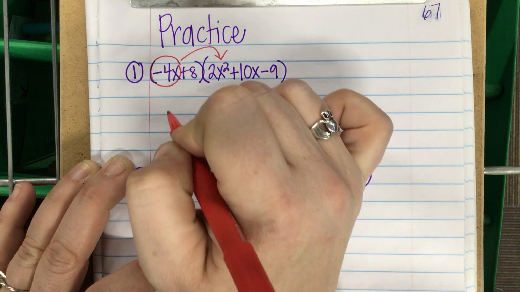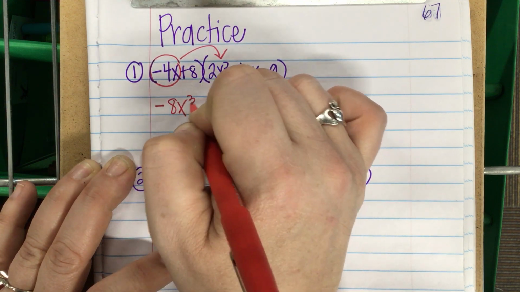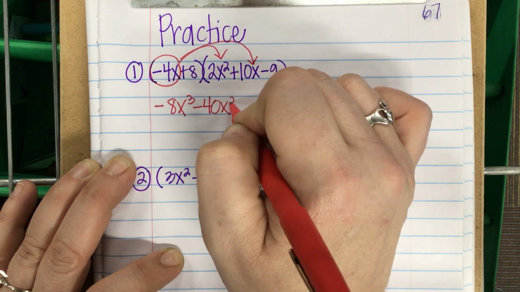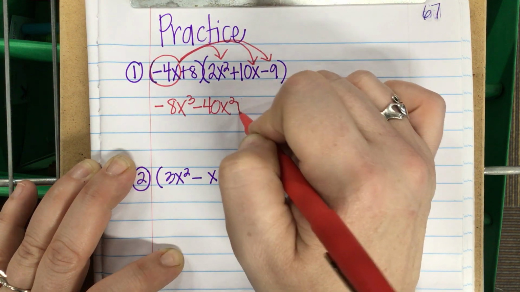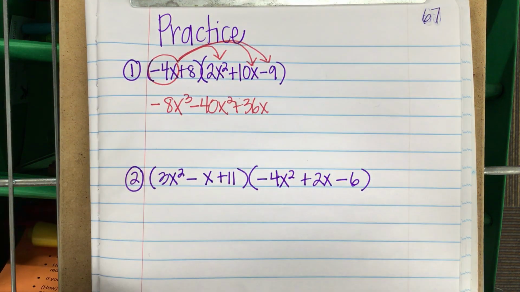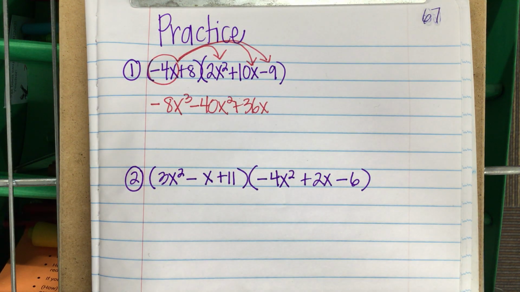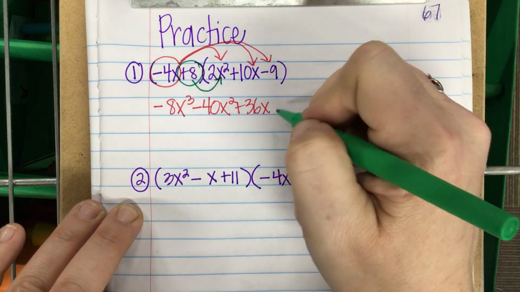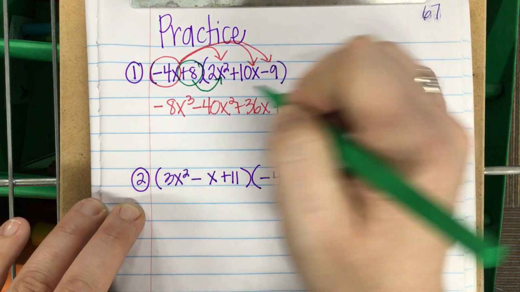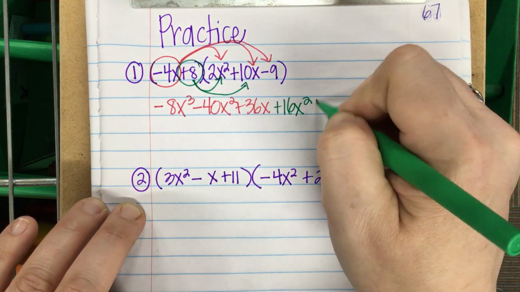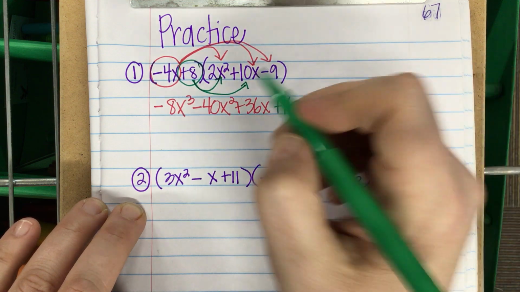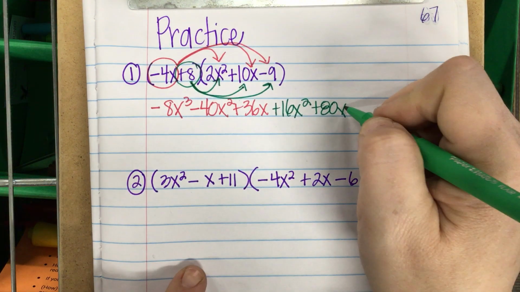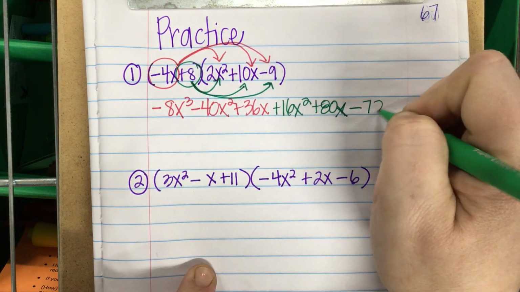So, negative 8x to the third, negative 40x squared, positive 36x, plus 16x squared, plus 80x, that's an x, minus 72.